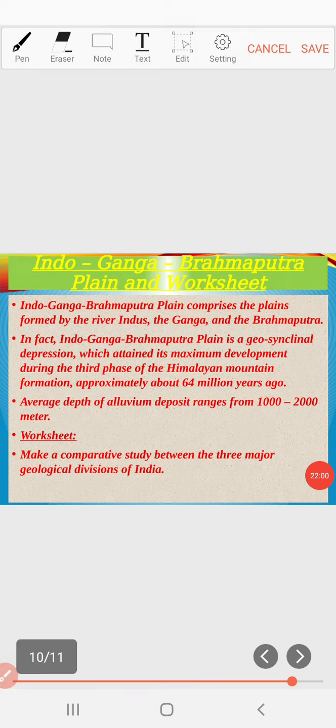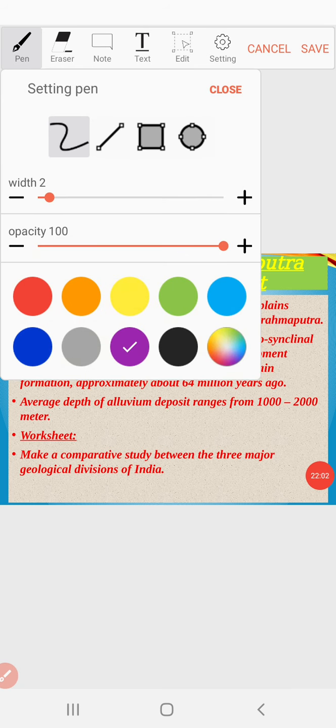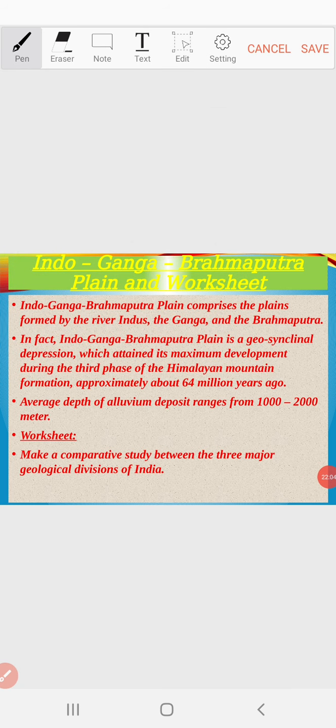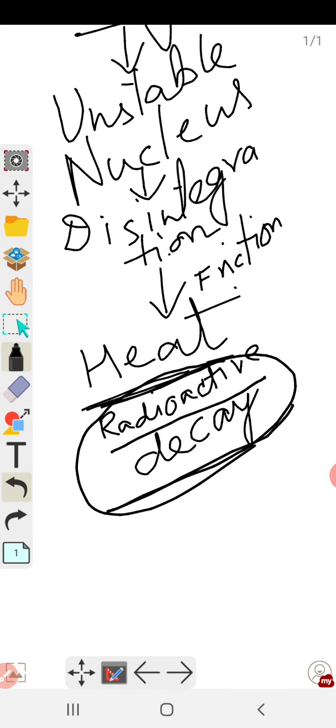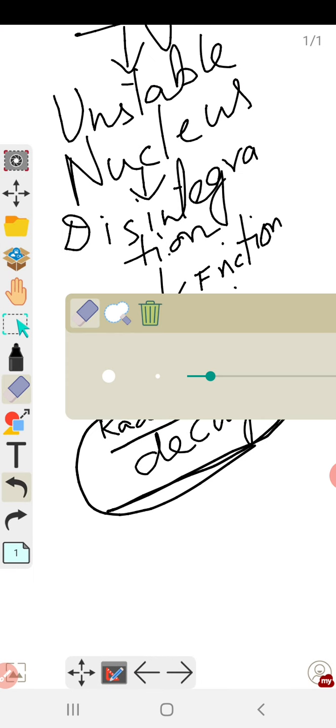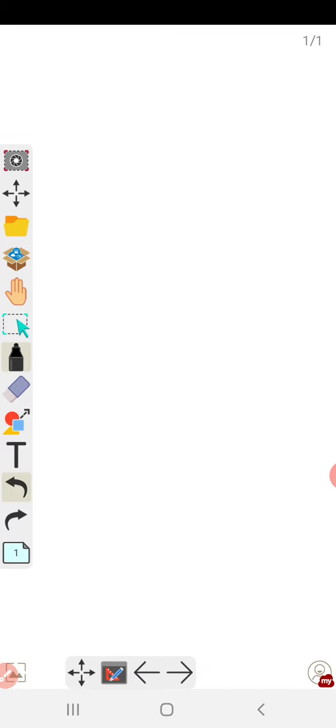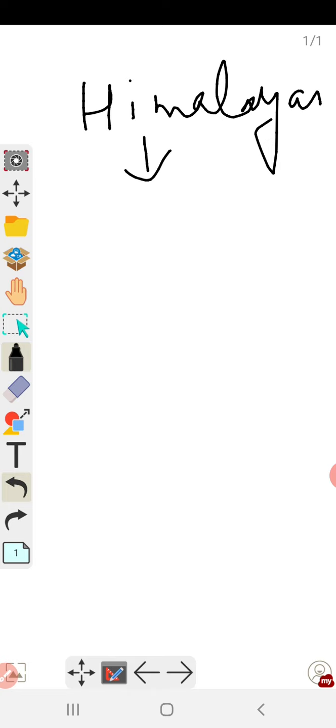The third geological division is the Indo-Ganga-Brahmaputra plain. Now after the origin of the Himalayan mountains, the Himalayan mountains are glaciated.